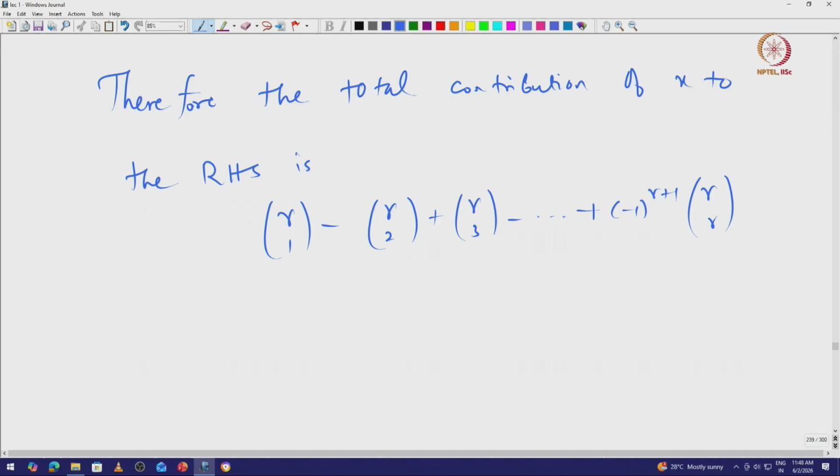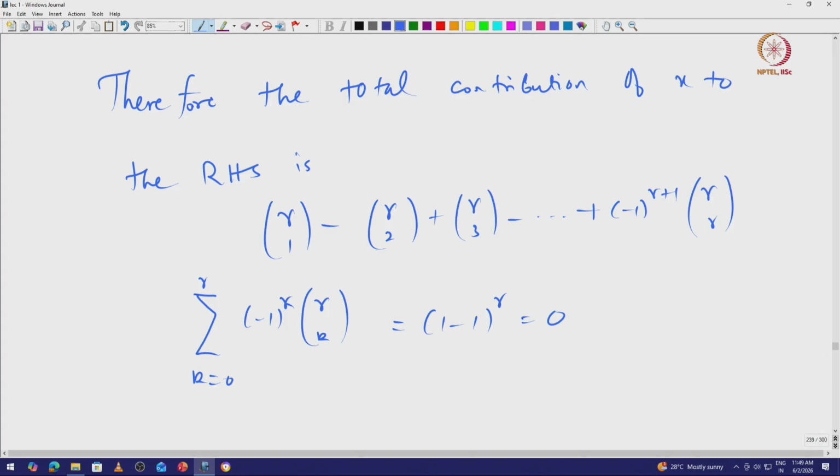The way we counted tells you the total contribution of x to the right hand side is given by this. But what we know from the binomial theorem is that if we take the summation of minus 1 power k R choose k, where k is from 0 to R, this gives exactly 1 minus 1 power R, which is 0.